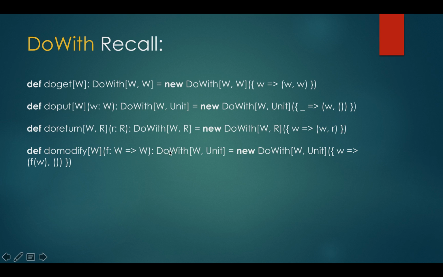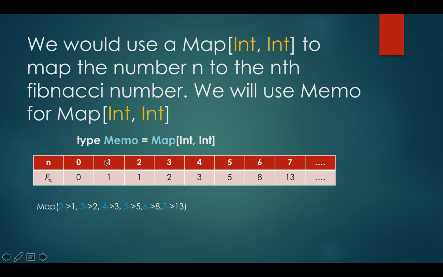DoModify will modify the memory with a function. Pay attention that we still have a unit here, so we need to change that later. In this particular situation, we will use a new memory type, which is a mapping from integer to integer. The first one stands for the index, and the second one is the nth Fibonacci number. So the memory will look like this.